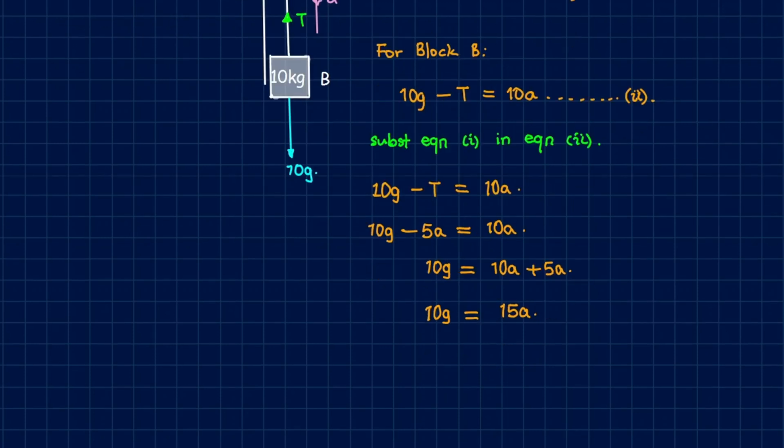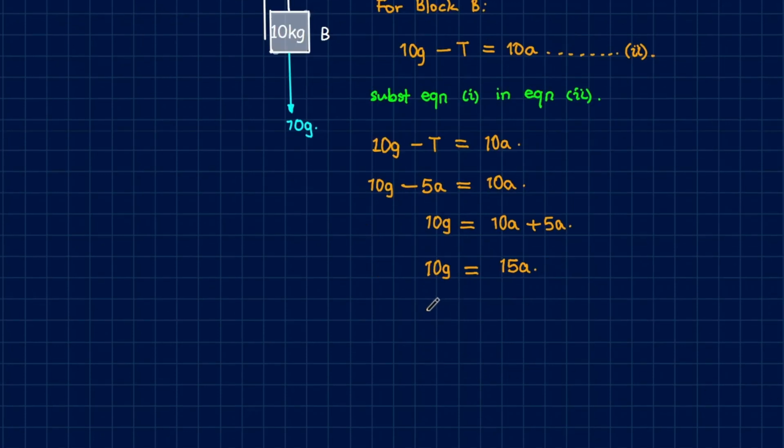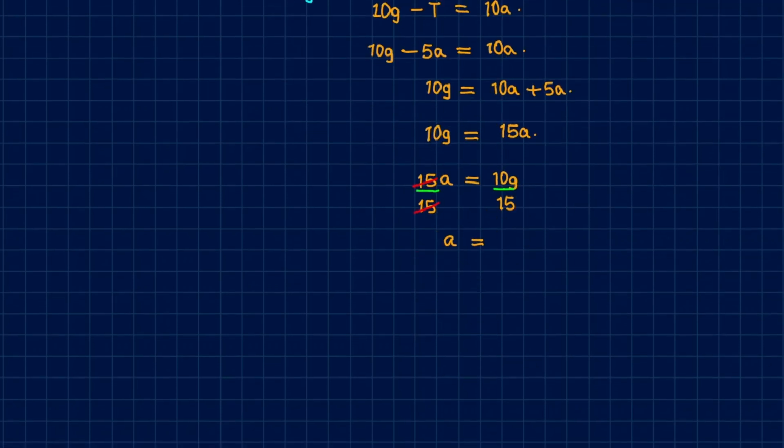Our interest is to get the value for a, so we can swap these and have 15a on the left hand side, meanwhile having 10g on the right hand side, and we divide both sides of this equation by 15 in order for us to get a alone. And here, for our value for a, we can substitute g.